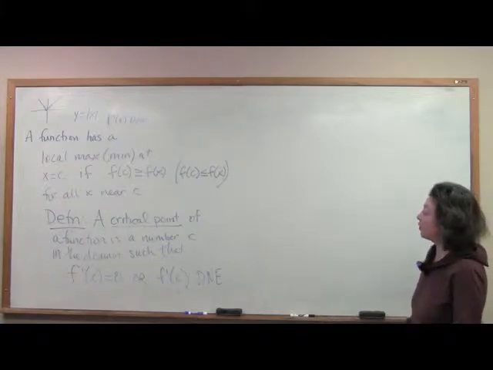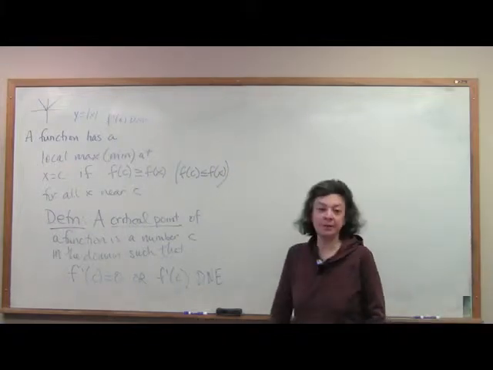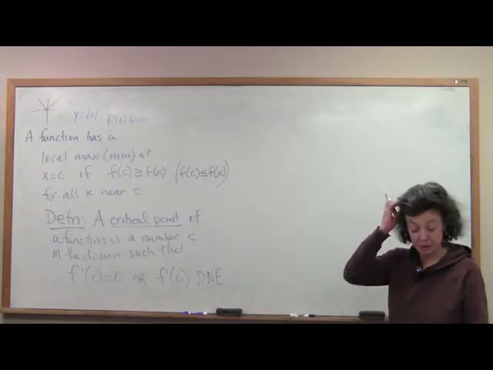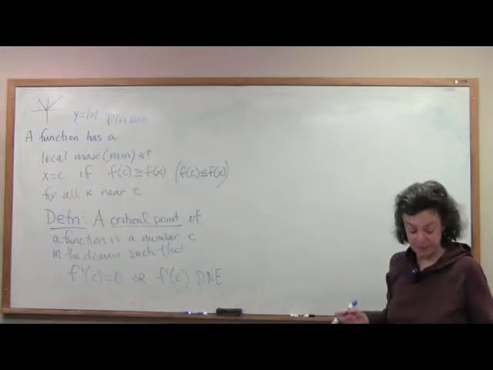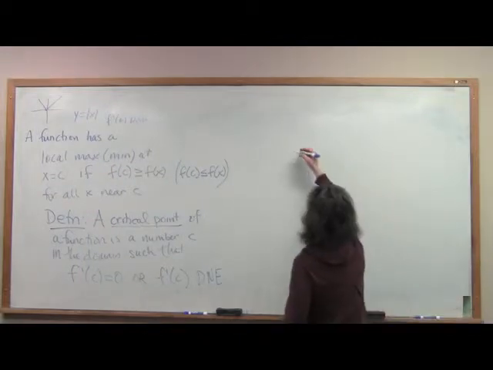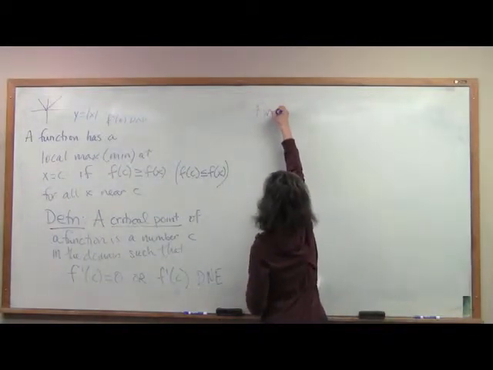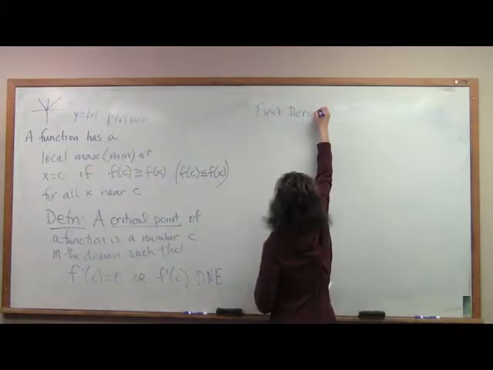All right, so what I'm going to do now is write down a couple tests that we use, and then we're going to play around with some examples. Okay, so we have what's called our first derivative test.